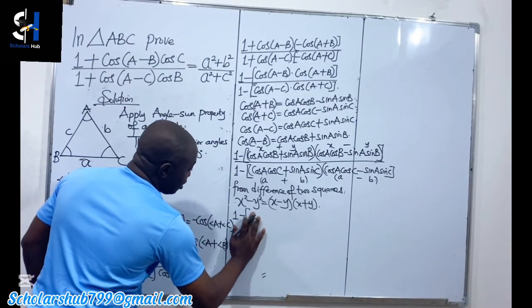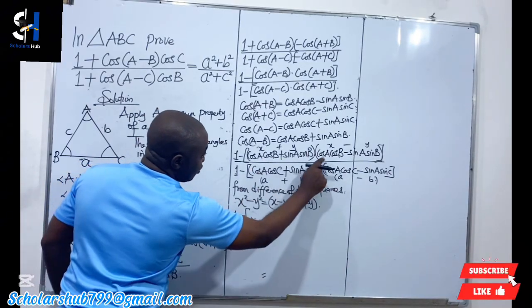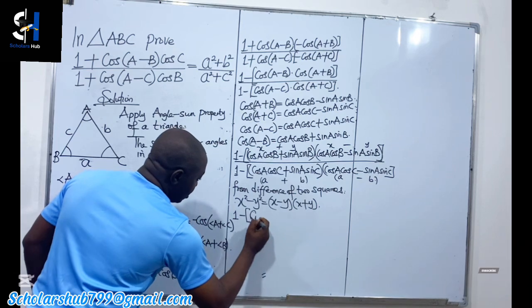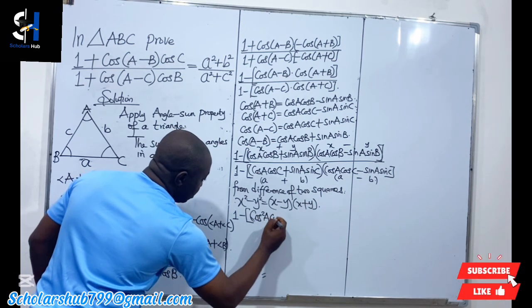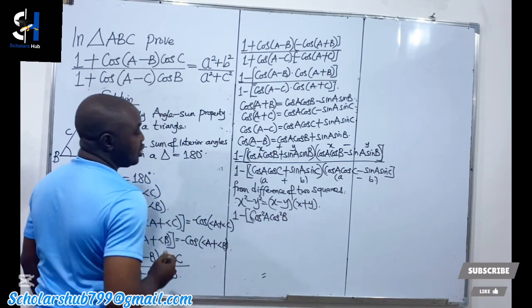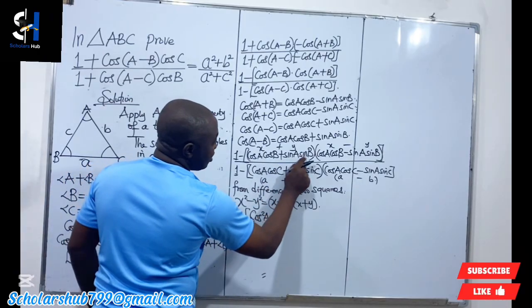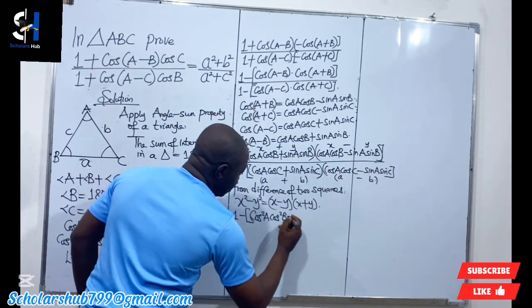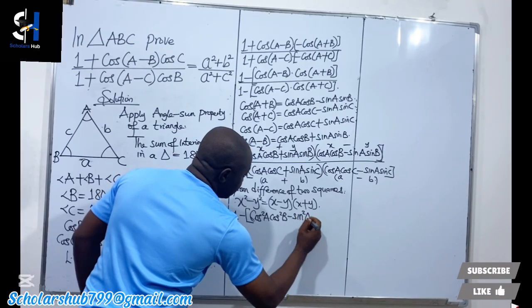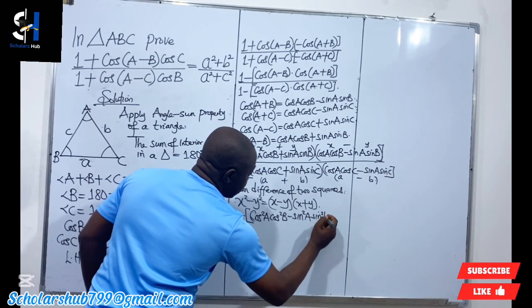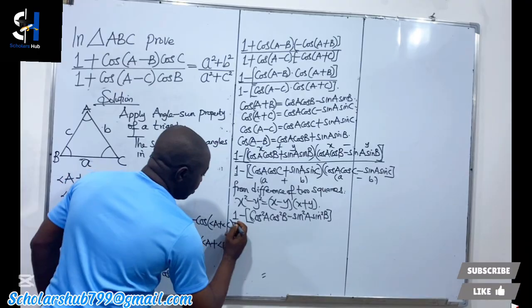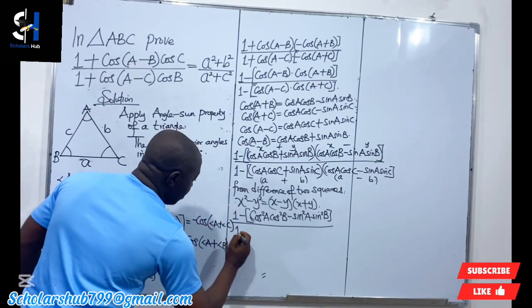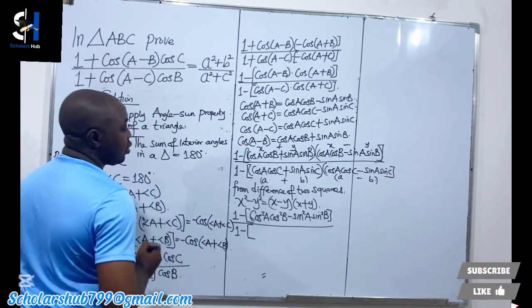We have cos A cos B multiplied by cos A cos B, that will be cos squared A cos squared B. Then sin A sin B multiplied by negative sin A sin B, that will be sin squared A sin squared B, all over 1 minus open square bracket.